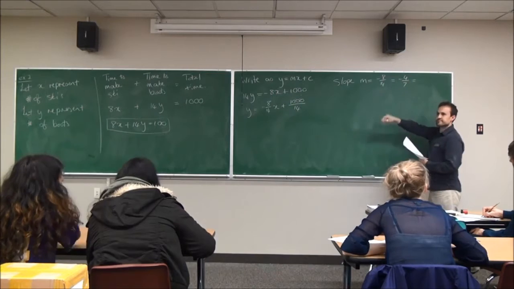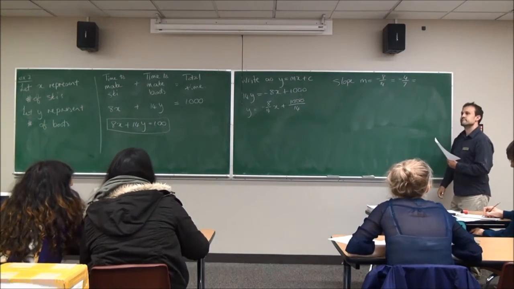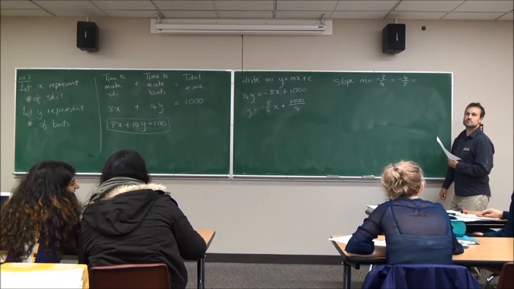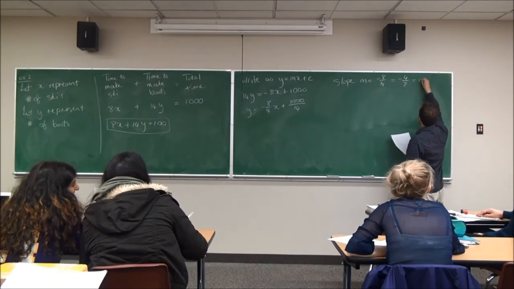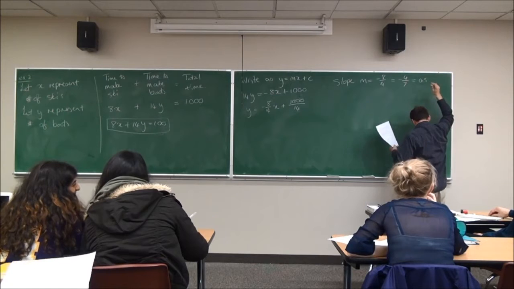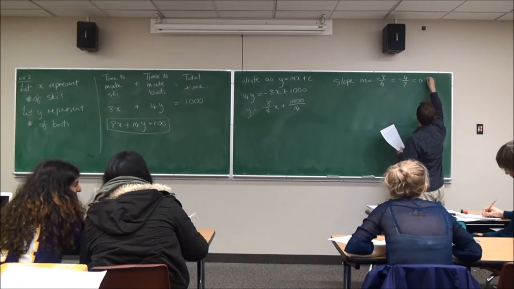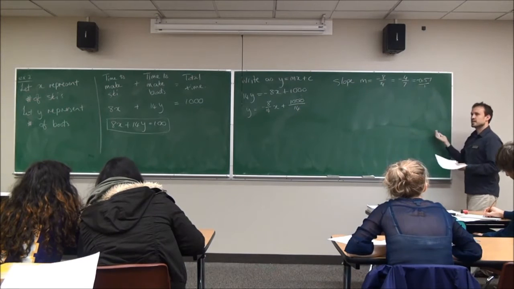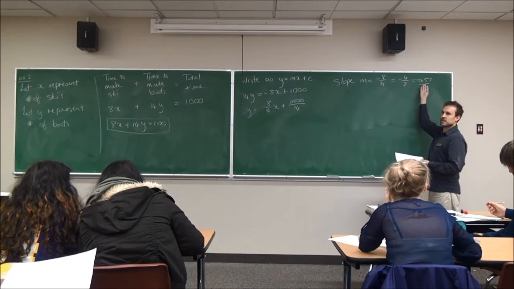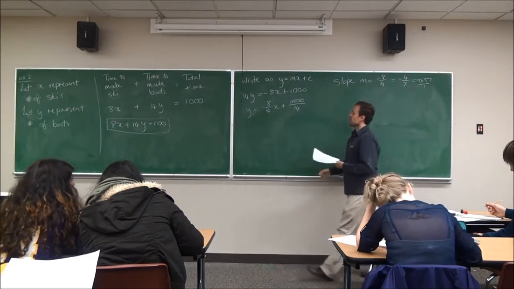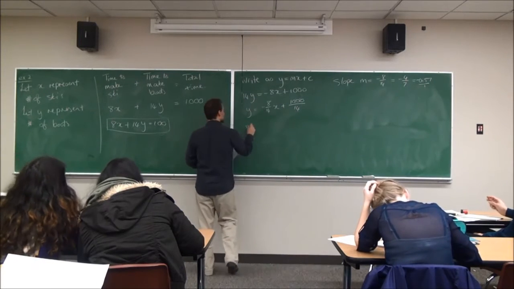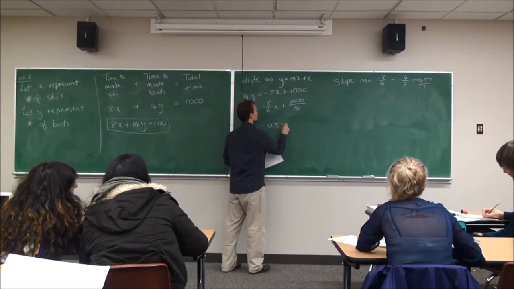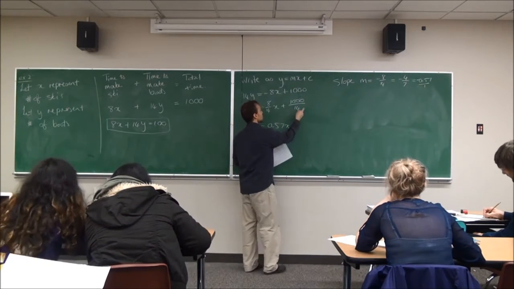Or what is 4 over 7? 0.57, negative. And I can put that over 1 and interpret that. They're all the same. It doesn't matter which one you want to use. So if you want, I think most of you prefer the decimal numbers a little bit. So we can write this as negative 0.57x plus whatever this is.